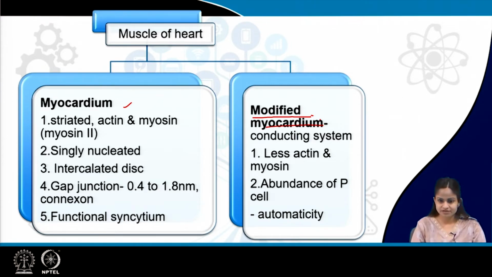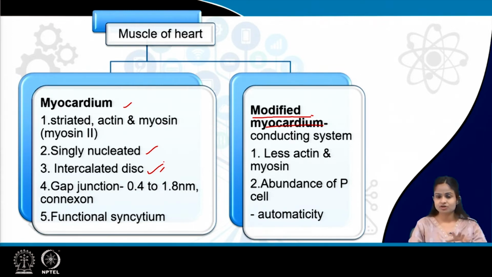So, we have basic differences between these two types of myocardial cells. Normal myocardial cells, that is atrial and ventricular myocytes, are usually singly nucleated, they have one nucleus. They are connected to each other with intercalated discs. We had already studied in the previous lectures that two cardiac myocytes are connected electrically as well as mechanically.